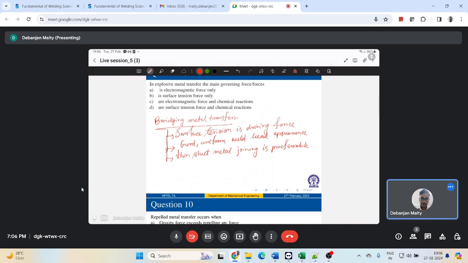Then you have something called short circuit transfer. Now, in short circuit transfer, the liquid drop at the tip of the electrode gets in contact with the weld pool before being detached from the electrode, right?